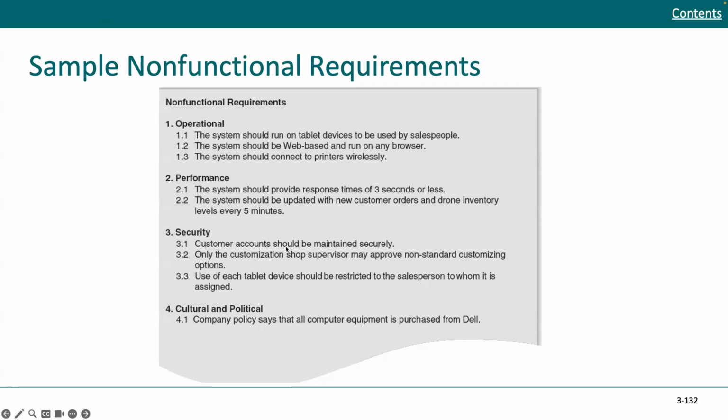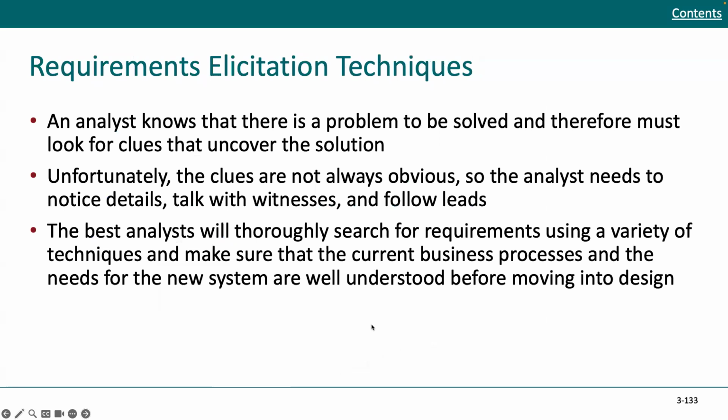Security: the customer account should be maintained securely. And cultural and political: the company policy says that all computer equipment is purchased from Dell. That would be sort of an example of a stipulation there. So there are more examples. I'm just giving a few that you can see and think about.